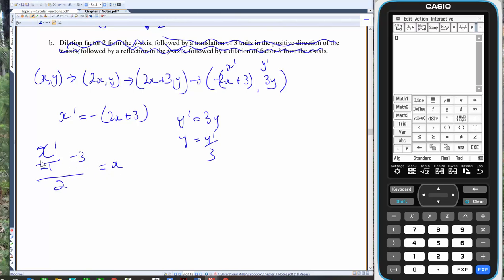And I'm just going to tidy this up a bit. So this is going to be like negative x dash take 3, all over 2, equals x. Again, you can do whatever you want here as long as it's algebraically true. You can take out the negative and rewrite it if you want. I'm just going to leave it like that and make the substitution.